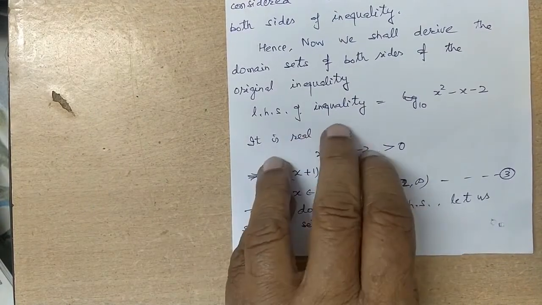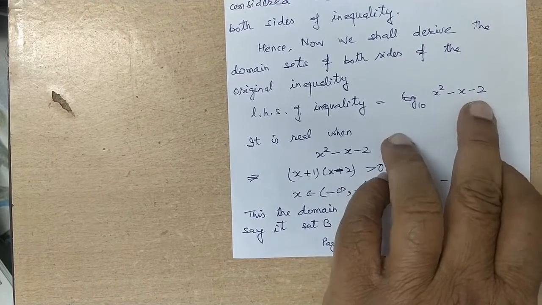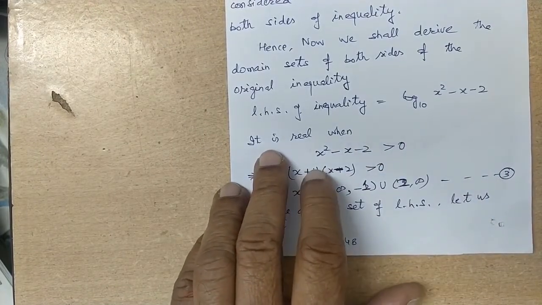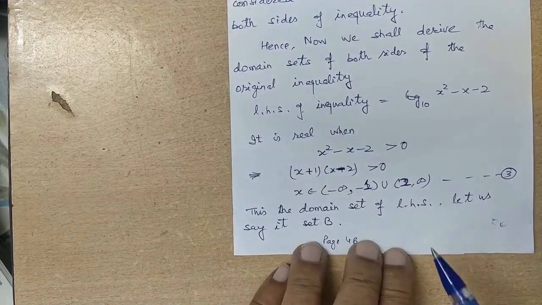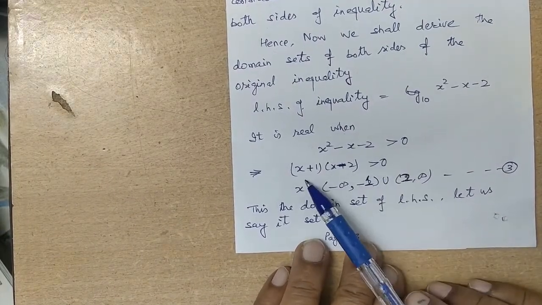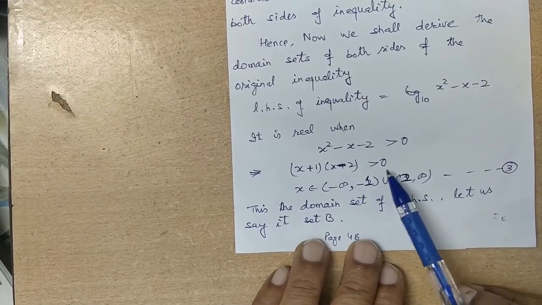Left hand side of the inequality is log base 10 of (x square minus x minus 2). By properties of logarithm, we know it is real when x square minus x minus 2 is greater than 0. This can be simplified as (x plus 1)(x minus 2) greater than 0.